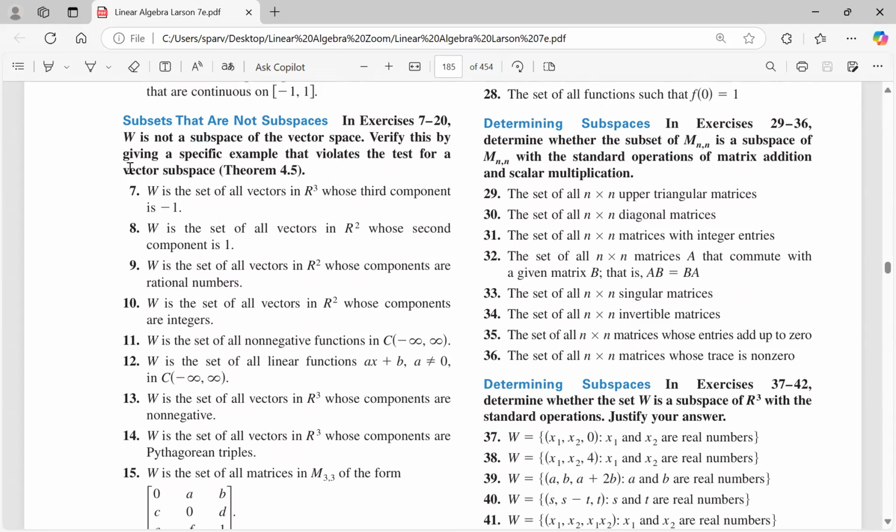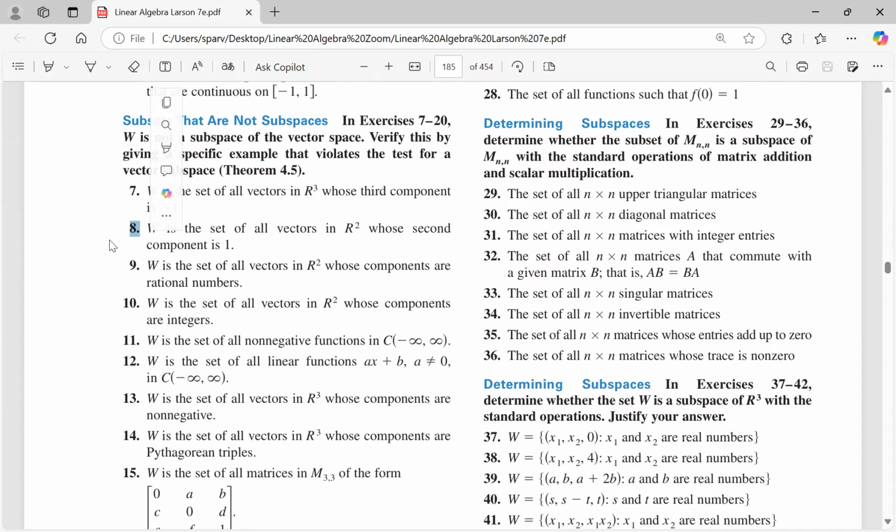Verify this by giving a specific example that violates the test for a vector space, Theorem 4.5. Remember, closure under addition and closure under scalar multiplication. So it's violating one of those, most likely. We can look at any one of these you want, but for now, let's look at number 8 and see why it is not.